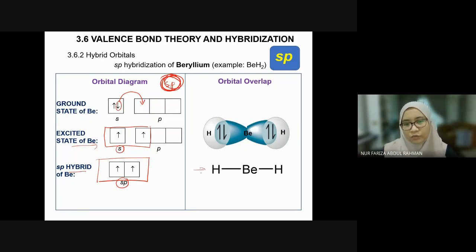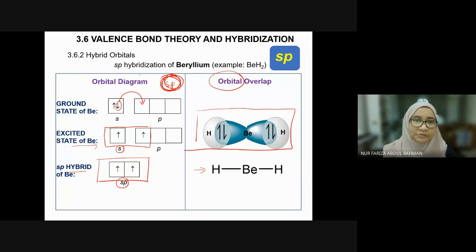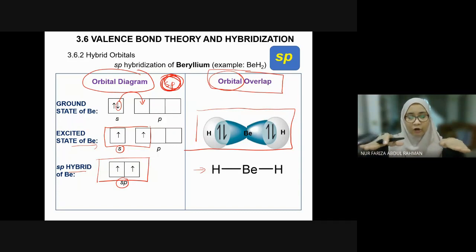Okay, this is the Lewis structure, and this is what we call orbital overlap in terms of orbital, guys. This is in terms of orbital diagram. This is in terms of orbital overlap. Because we know in order to form a bond, the orbitals need to be close to one another and finally overlap.